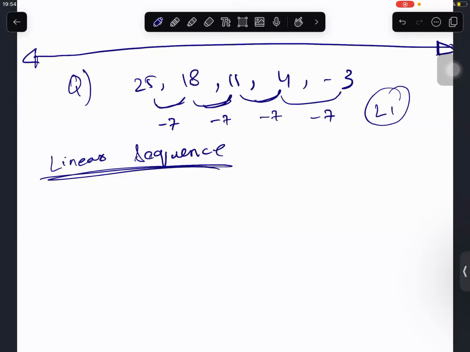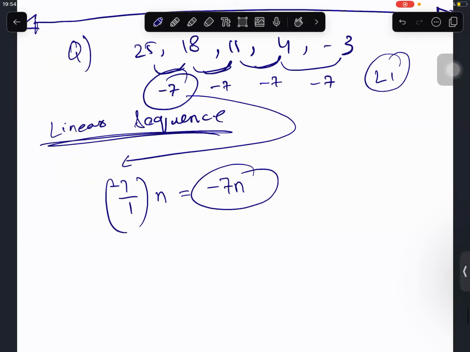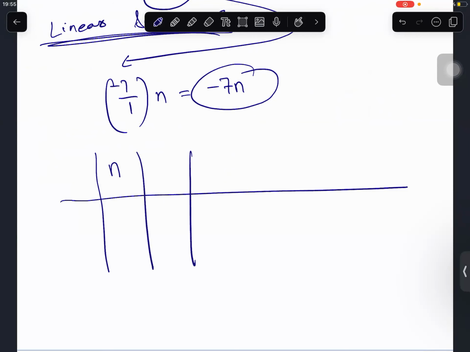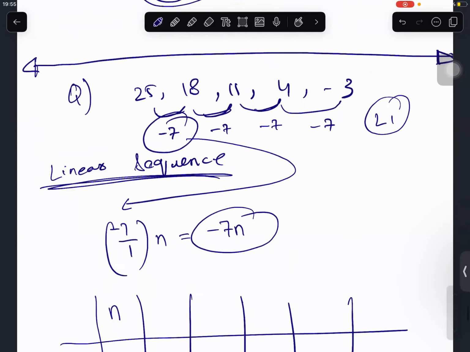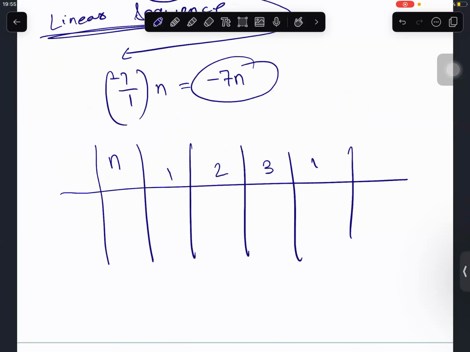Okay, so the first thing that we'll do is we'll take this common difference, -7, we'll divide it by 1 and multiply it by n. We get -7n. Now we'll move on to the n table. We will write the values of n first. How many values are there? 1, 2, 3, 4, 5.